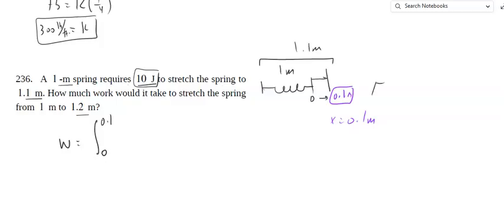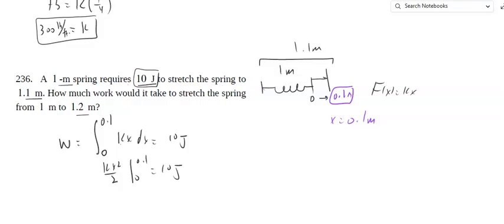Well, f of x in this case is kx. Since we don't know what the force is, we're going to say, well, okay, that's the force dx. And we know that was 10 joules. Well, isn't this kx squared over 2 evaluated from 0 to 0.1?